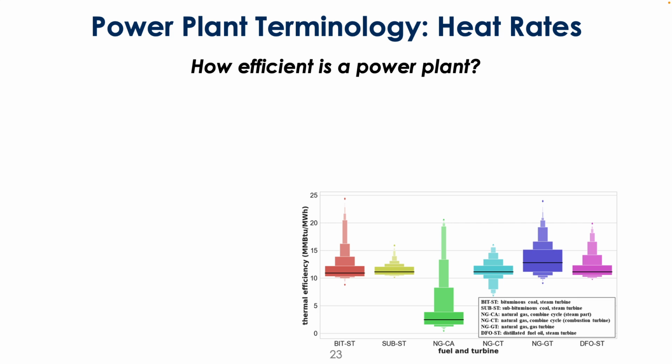So some terminology as we think about efficiency, specific to power plants, is something we call a heat rate. This is a description of how efficient a power plant is. We typically talk about fuels, if you remember, in terms of MMBTUs for energy content, but we talk about electricity in kilowatt hours, megawatt hours in terms of energy content.